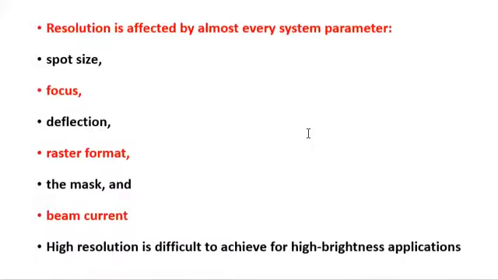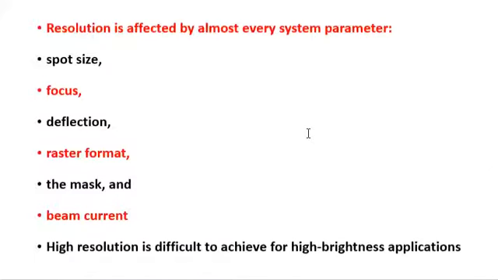Now let us look at the resolution. As we said, it is affected by almost every parameter. For instance, the size of the spot, the focus, that is how the beams are consolidated in one place so that they will form an image at one point. The deflection, the raster format you use, whether interlaced or non-interlaced, the mask for the 3 colors we just discussed, the beam current.